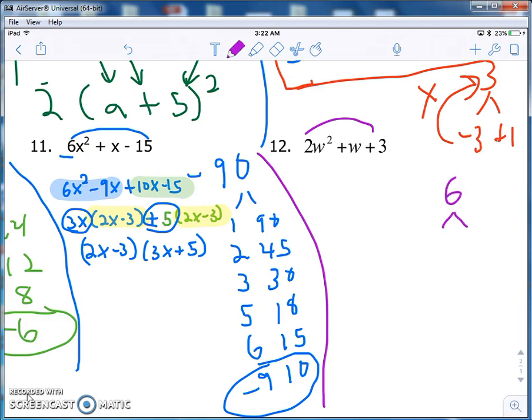What numbers multiply to be 6 and add to be 1? Well, it would be okay to subtract to be 6, but since 6 is positive, we need either 2 positives or 2 negatives. Neither work, so this is prime, or does not factor. Again, don't expect a lot of those on the test.